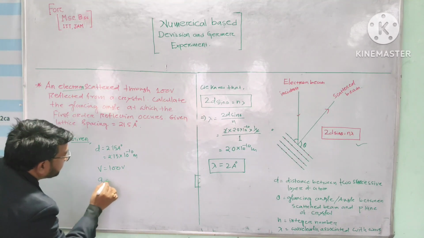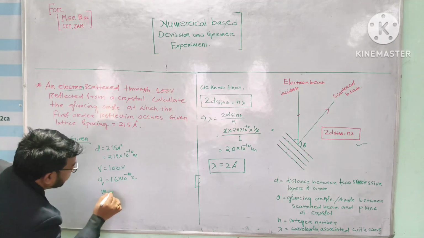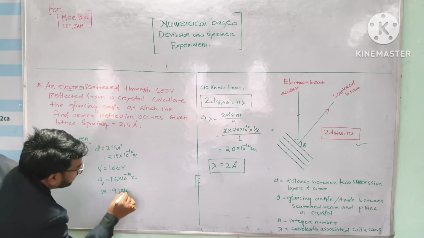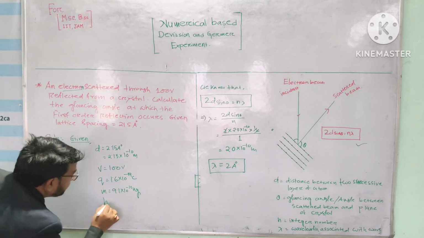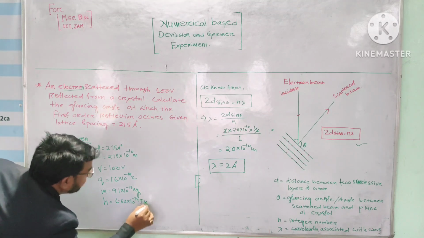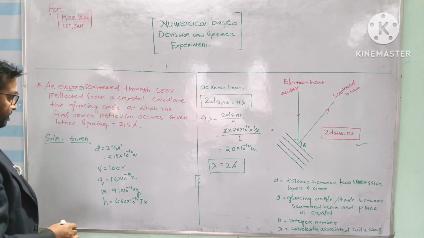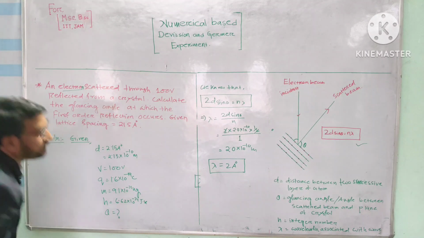So charge of electron q equals 1.6 into 10 to the power minus 19 coulomb, and mass of electron equals 9.1 into 10 to the power minus 31 kg. And Planck constant is 6.62 into 10 to the power minus 34 joule second. And we must calculate the glancing angle, that means theta equals what?